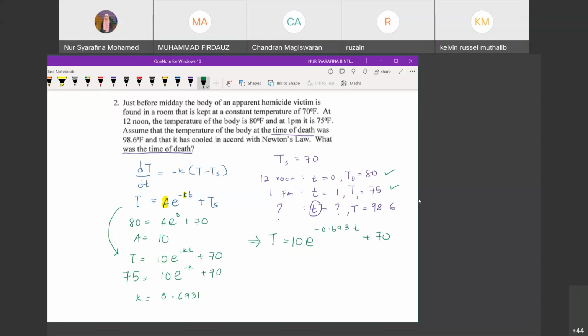Then you can find the solution. When the body is 98.6, we can find the value of t there. Just the same process as finding K previously. You can find t. What is t there?